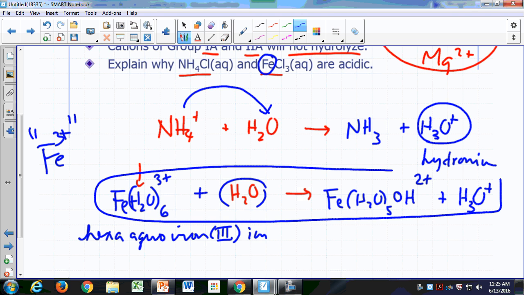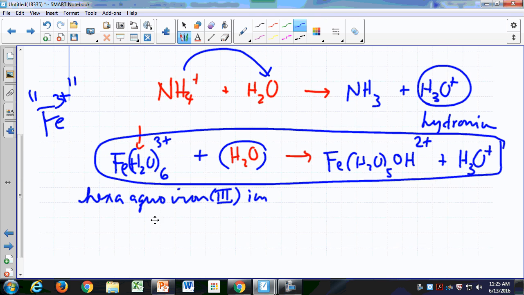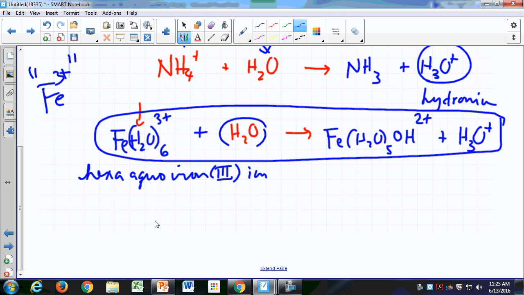So this is the chemical equation you write to represent the hydrolysis of the iron 3 ion. Oftentimes, this is abbreviated so that we don't have to worry about how many water molecules are really here, and you can just write it as Fe3+.